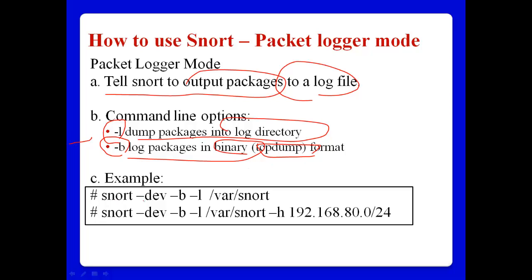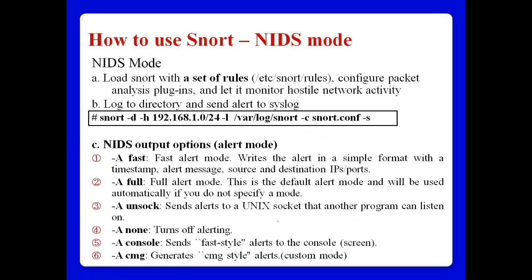For example, -dvbl here, /var/log/snort, like this. Using the -h option, we can define the exact network address we want to monitor with Snort.